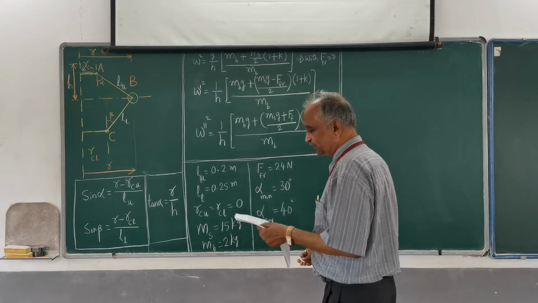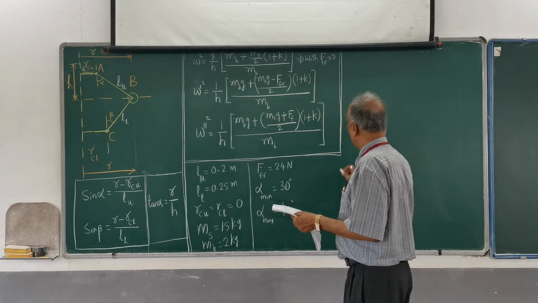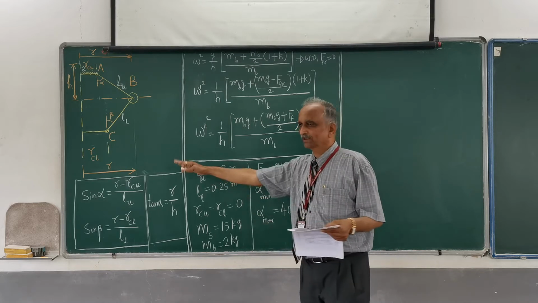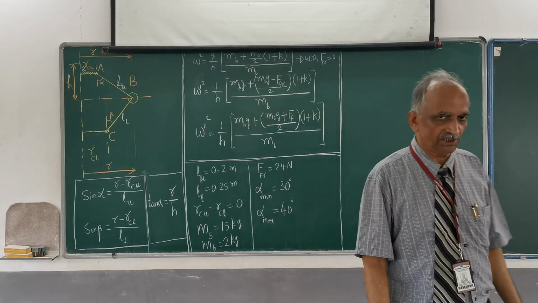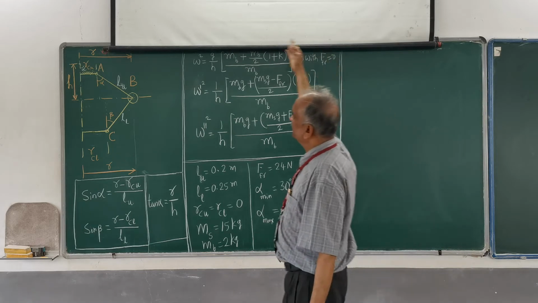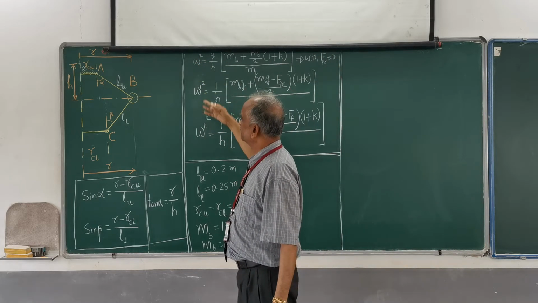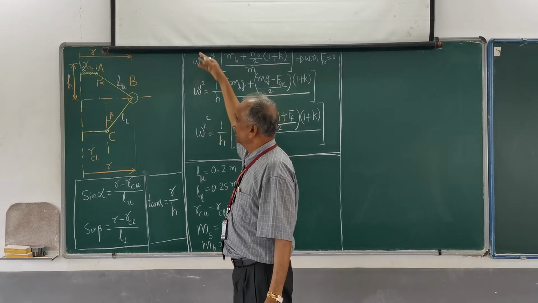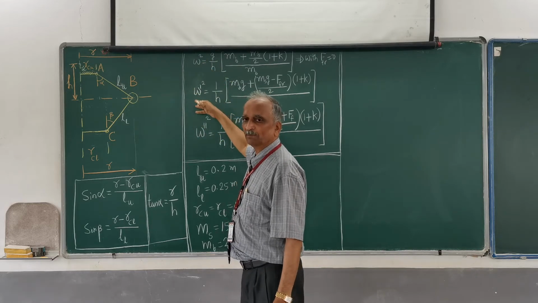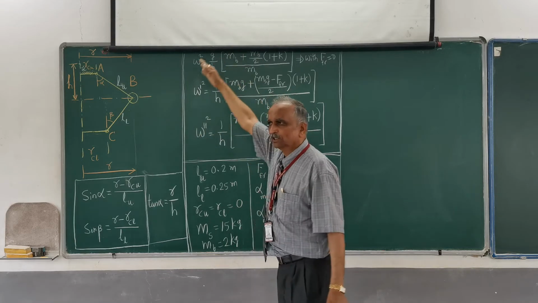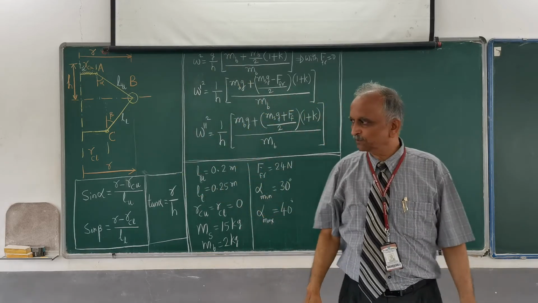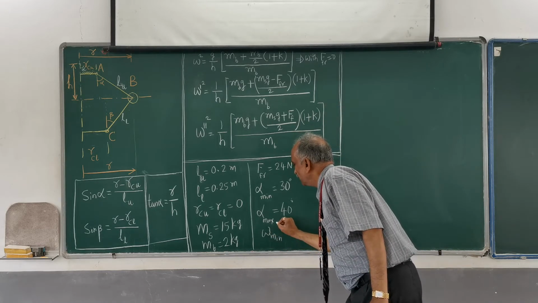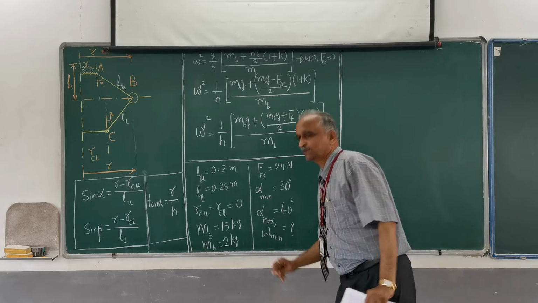Okay, find, taking friction into account, the range of speed. The range of speed is nothing but the minimum speed of the governor to the maximum speed of the governor. So I have omega dash, omega double dash, omega minimum dash, omega minimum double dash, omega maximum dash, omega maximum double dash. Among all this, what is the minimum speed? The minimum speed is omega minimum dash, the least speed.